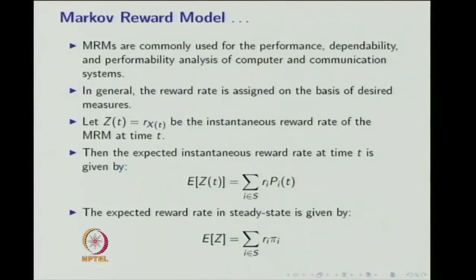Then the expected instantaneous reward rate at time t is given by the expectation of Z of t, that is the summation of r_i p_i of t. The expected reward rate in steady state is the expectation of Z, which is the summation of r_i pi_i.